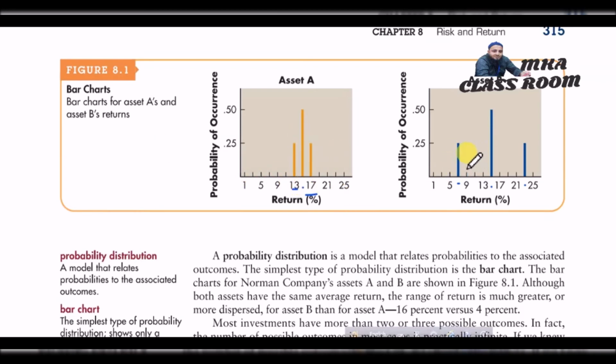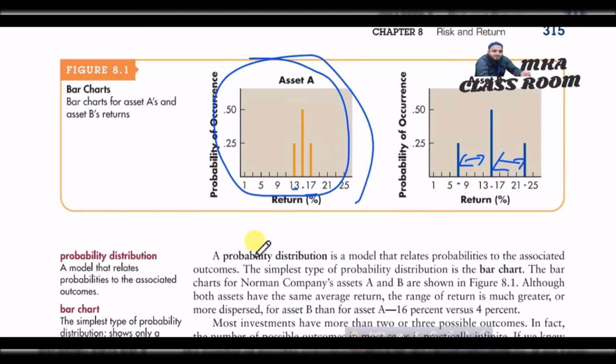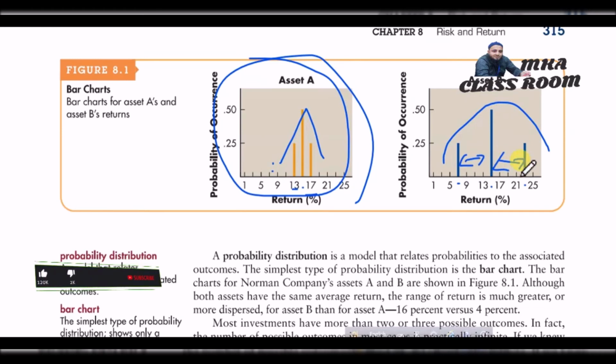If the distance between them is greater, then the asset is more risky. So if you see the bar chart, you can easily say that asset A is better than asset B, because asset A's returns are tighter, but asset B's returns are more flexible, with more distance between them.